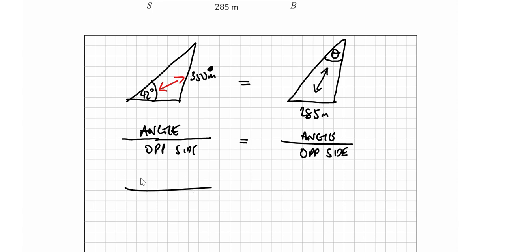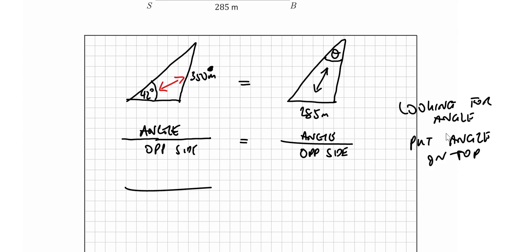And being clear about that. Now, if I was looking for a side, I'd be putting the side on top. We're looking for an angle, so put the angle on top.